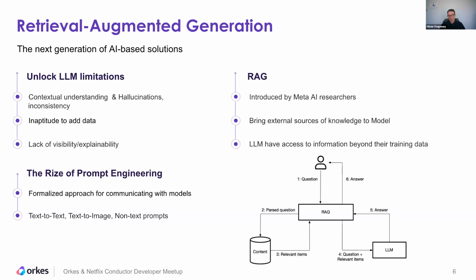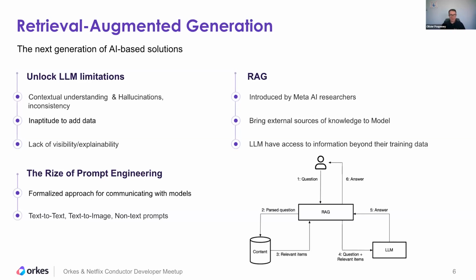So it comes up in answers, and maybe a lot of you used ChatGPT and tried to make a lot of things. You can see there are a lot of inconsistencies and sometimes total hallucinations. There is an inability to add fresh data to what the model knows to do. And also some kind of lack of visibility of how things are working underneath.